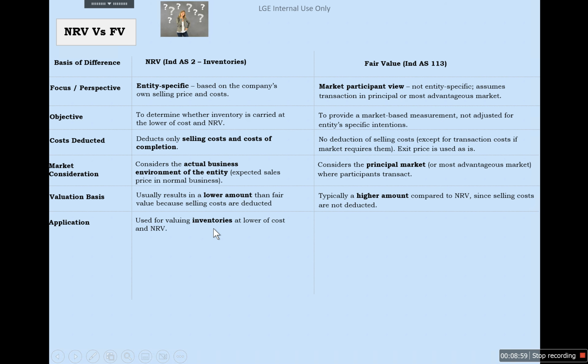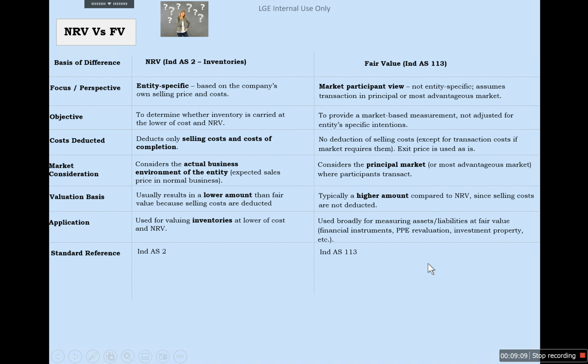And Ind AS 2 is applicable for inventories, and fair value is used broadly for measuring assets and liabilities at fair value, such as financial instruments, PPE revaluation, etc. In respect of the standards, NRV is dealt with by Ind AS 2 and fair value is dealt with by Ind AS 113.